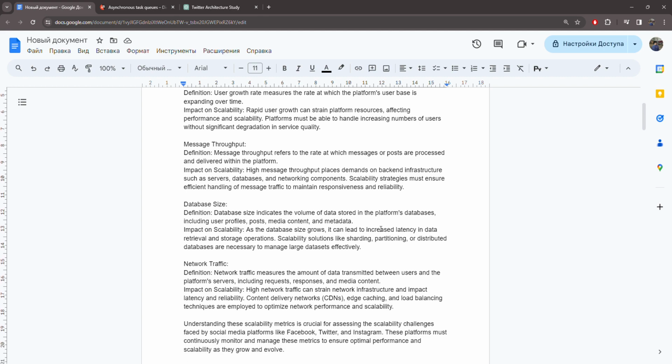Database size. Database size indicates the volume of data stored in the platform's databases, including user profiles, posts, media content, and metadata. As the database size grows, it can lead to increased latency in data retrieval and storage operations. Let me explain it.